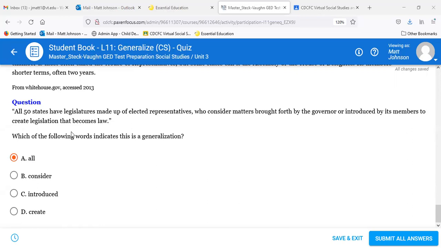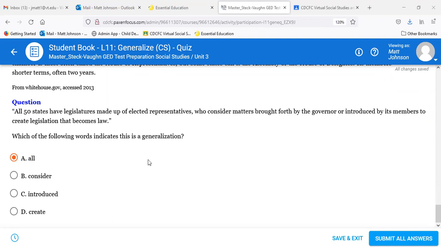Yes, we can say that. There's evidence to support that. All 50 states have elected representatives that go to their state capital and work on state issues and legislation. So that is a perfect example of a good generalization.